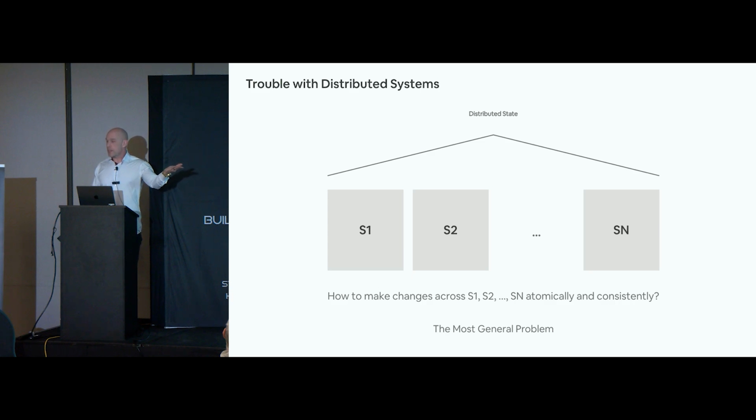And that's not our system, that's someone else's system, but that has to be interacted with by the payment processor. And then we've got all these other different systems. Think of the state of the whole world here. So anyway, we distribute that state among all these different subsystems, and we want to make changes across all of these different subsystems in a way that's atomic and consistent. If you want to forget all the details and just focus on the essentials, that is the most general possible problem in distributed systems programming.